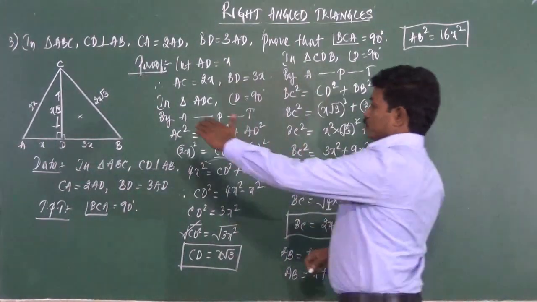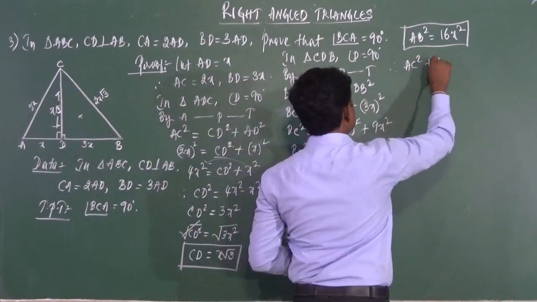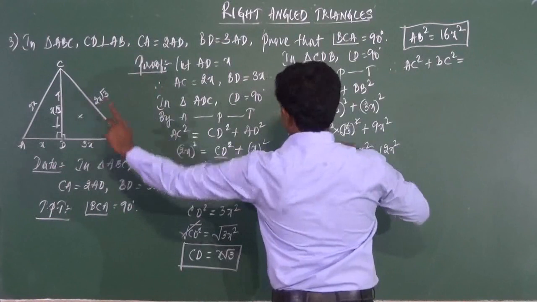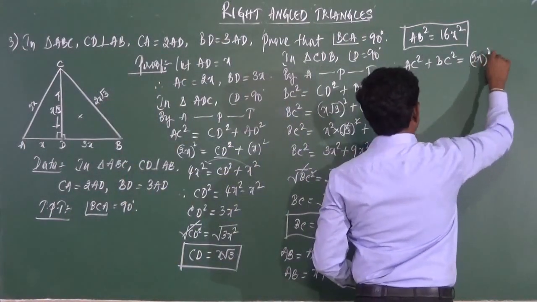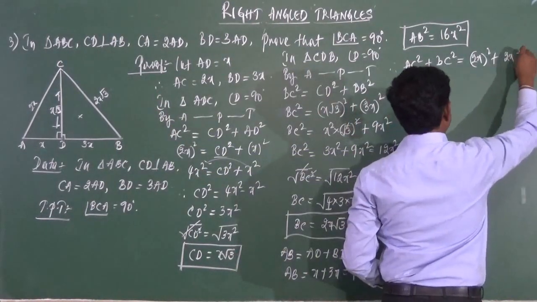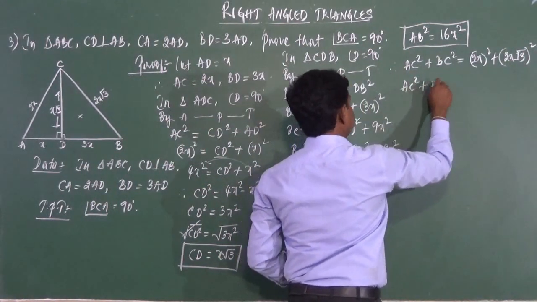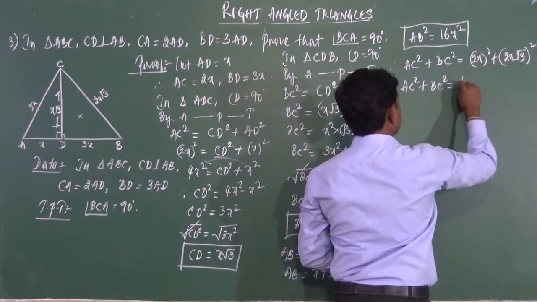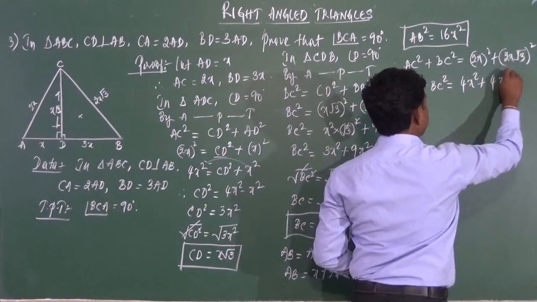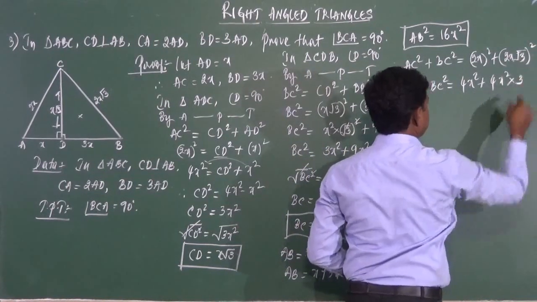Now we will take the squares of AC and BC. So AC square plus BC square is equal to 2x whole square plus 2x root 3 whole square. 2x whole square is 4x square, and 2x root 3 whole square is 4x square into 3, because the square and root cancel and 3 remains.